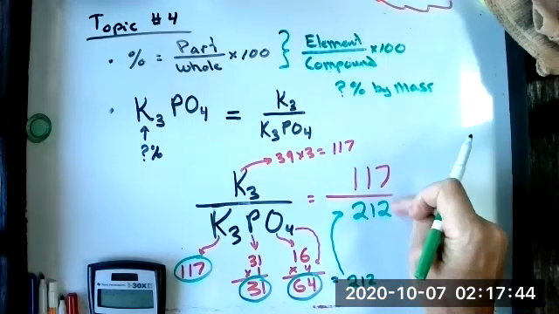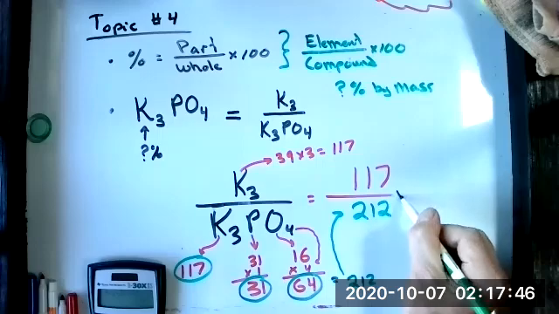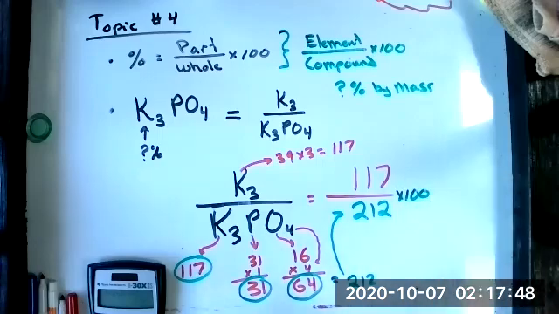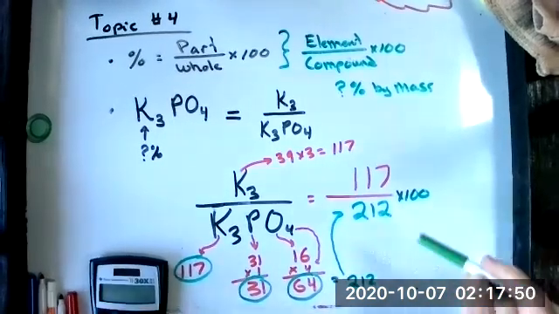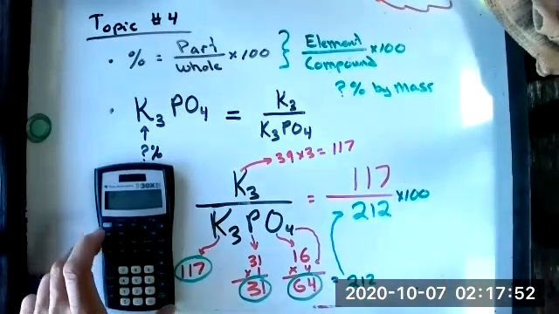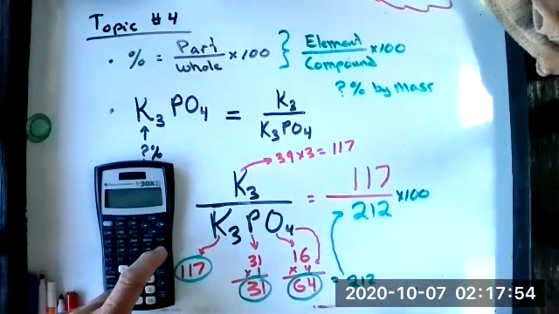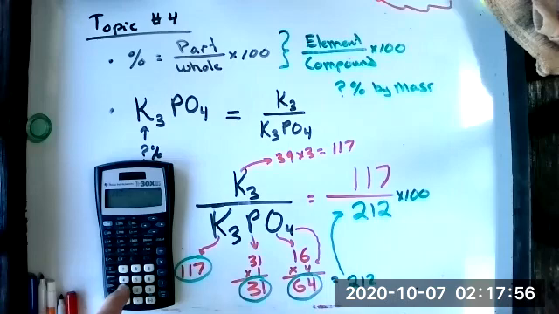Don't forget, percent is always out of 100. Okay, you are ready to go. Take 117. Divide that by the 212. Times it by 100. And my friends, you're done.